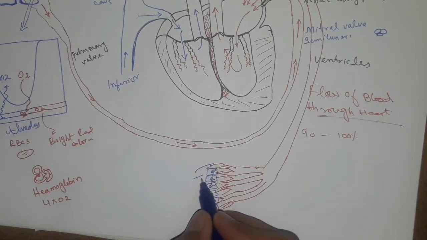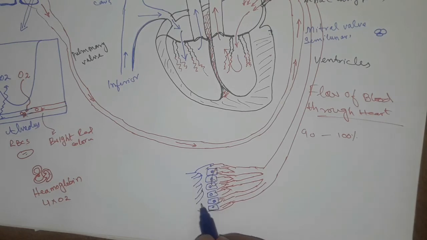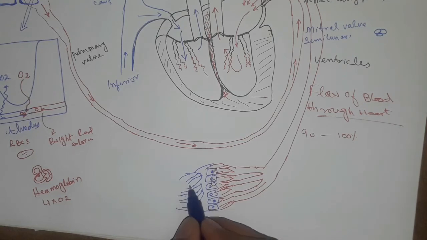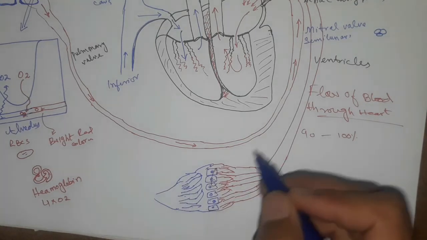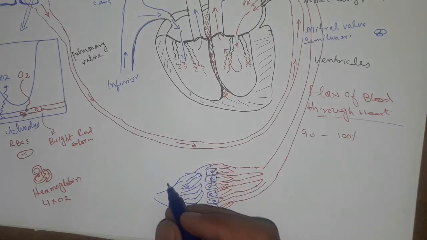We can make it in this way. These are small venules, and finally they will end up into a larger vein.